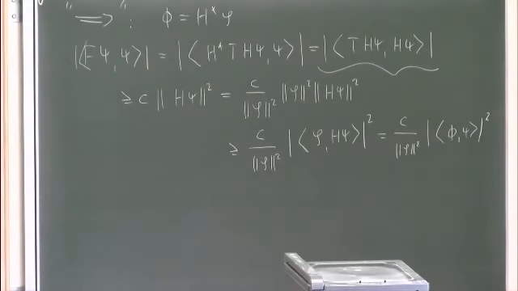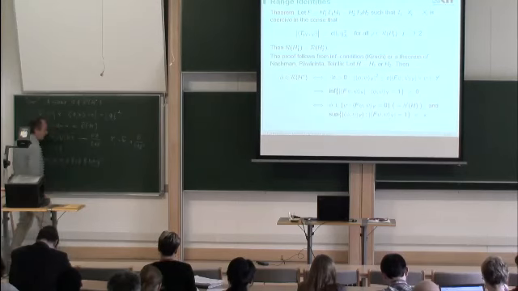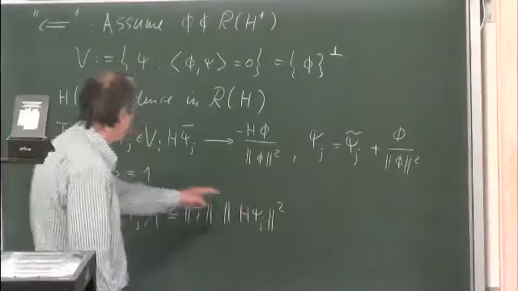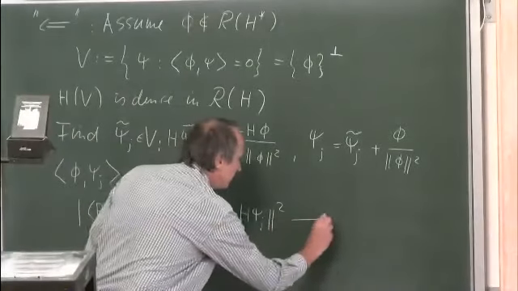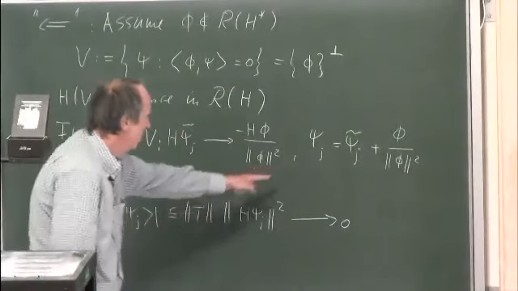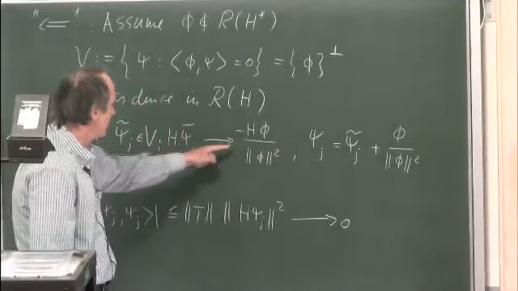So we can estimate that by norm of T times norm of H psi j, but if you look at this, that tends to 0. Because H of psi j is H of this, and that tends to minus this.